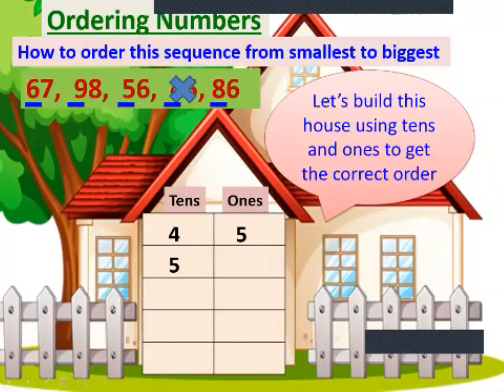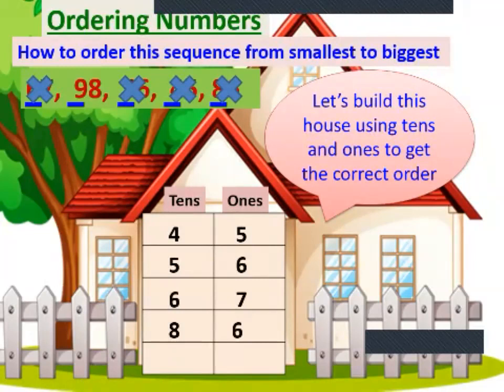Next, 5 tens, 6 ones. So the next number is 56. Next, 6 tens, 7 ones. So the next number is 67. Next, 8 tens, 6 ones.